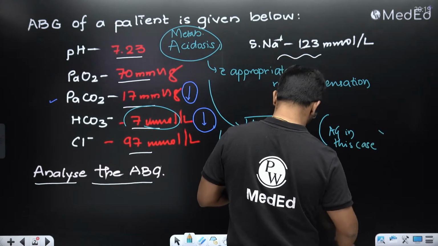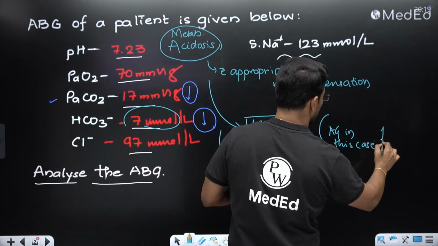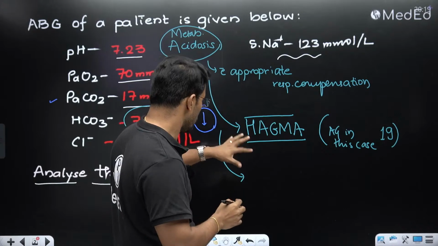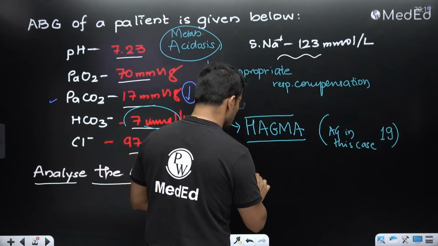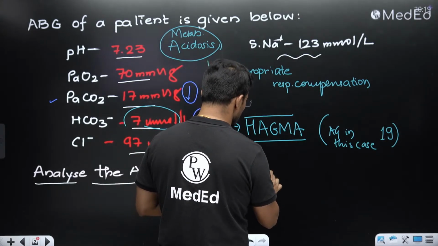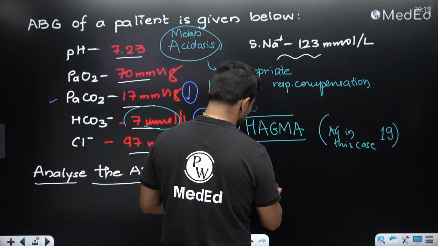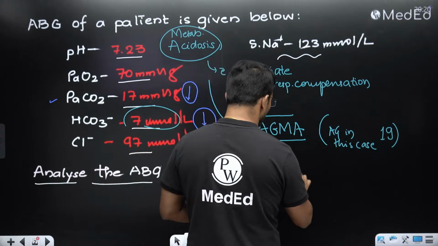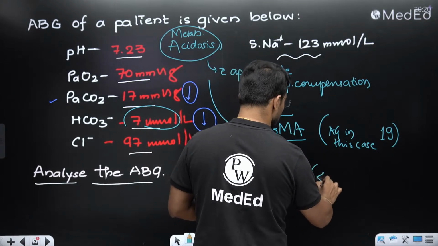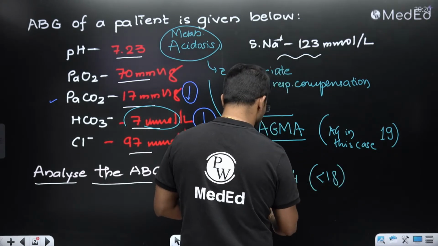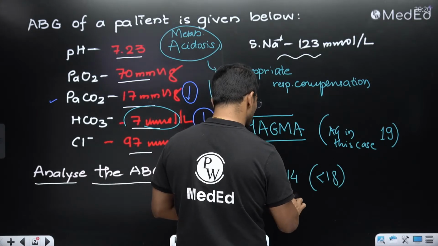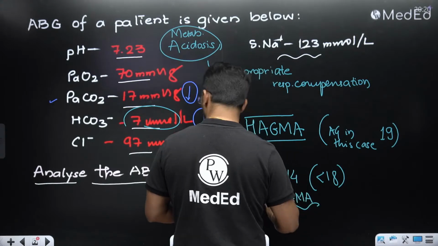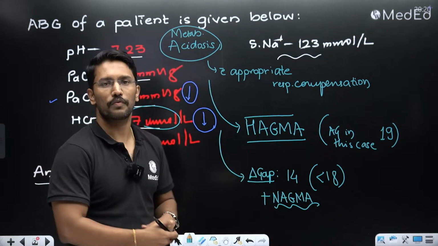Delta gap was 14 here, that is less than 18. That means there is an additional non-anion gap metabolic acidosis also there. That is how we reach the final conclusion of this ABG.